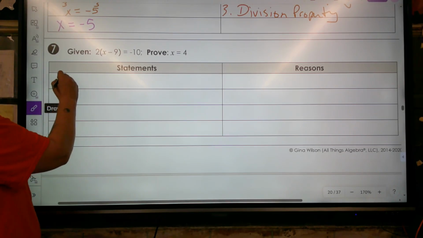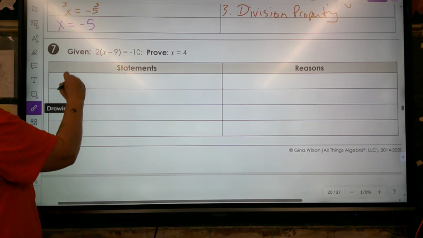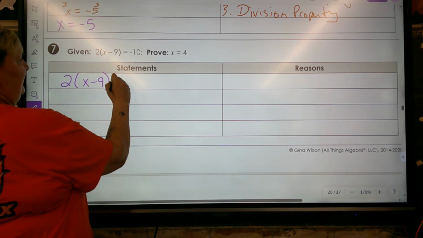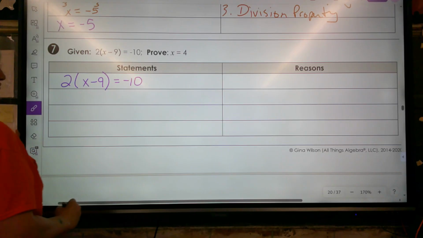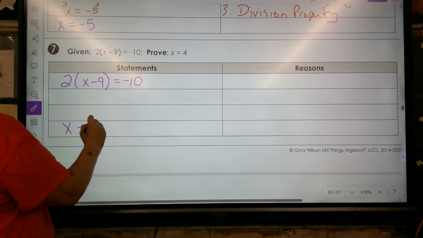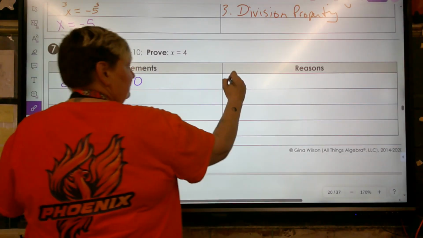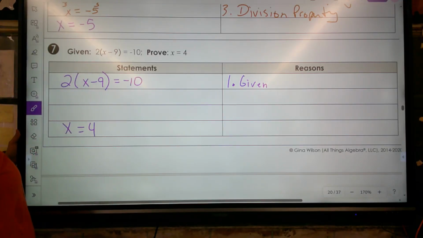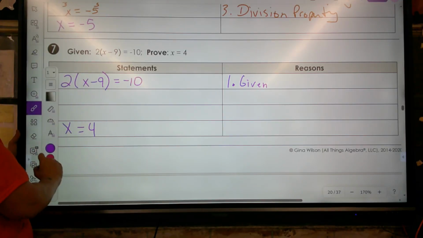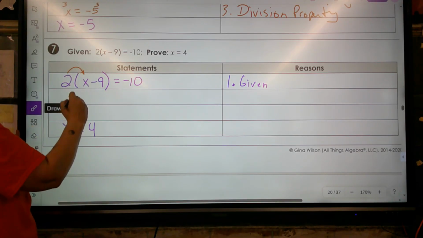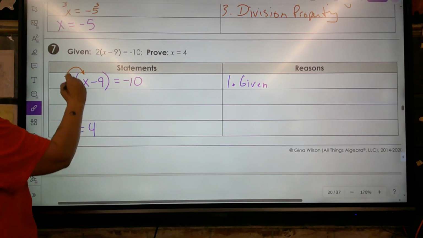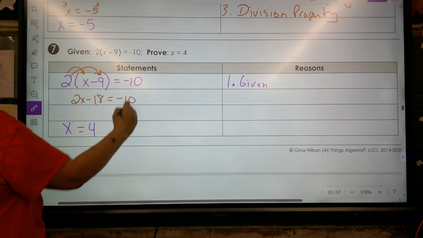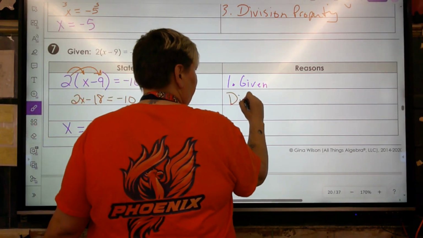All right, given 2 times the group x minus 9 equals negative 10. We're proving that x equals 4. So, in step 1, we were given the equation. First thing we need to do is distribute. 2 times x, 2 times negative 9. So the first thing we did was distributive property.